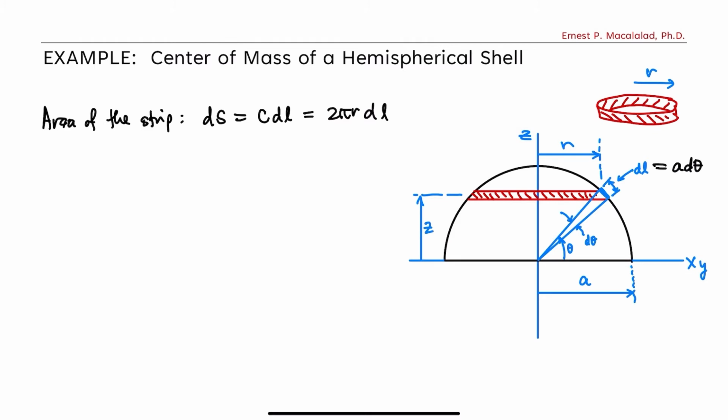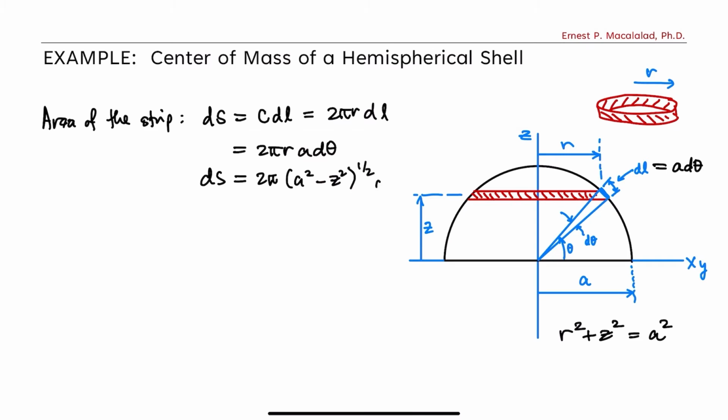Therefore, the area of the surface element will be equal to 2 pi r a d theta. Moreover, the relationship between z, a, and r uses the Pythagorean theorem, so this is equal to 2 pi times (a squared minus z squared) to the 1/2 times a d theta.